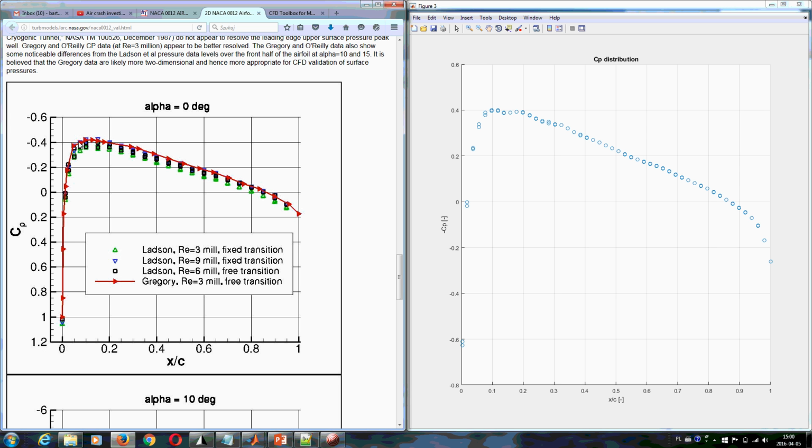You can see minus 0.4. Here is dropping to around 0.2. Here again 0.2. So really this pressure distribution, which is simulated with a very simple potential flow model, is accurate for this simple application.